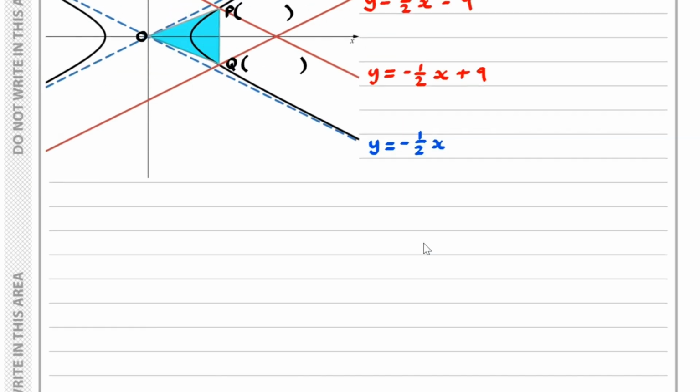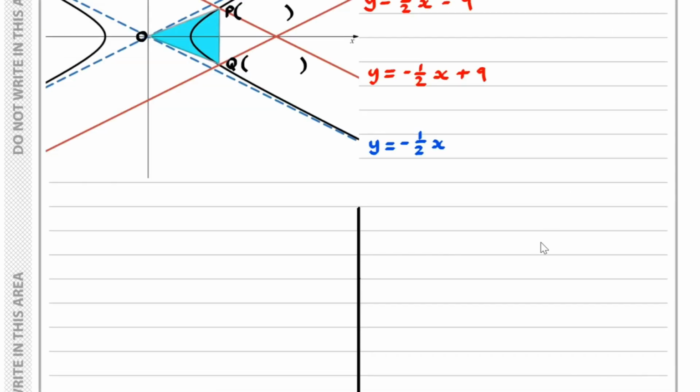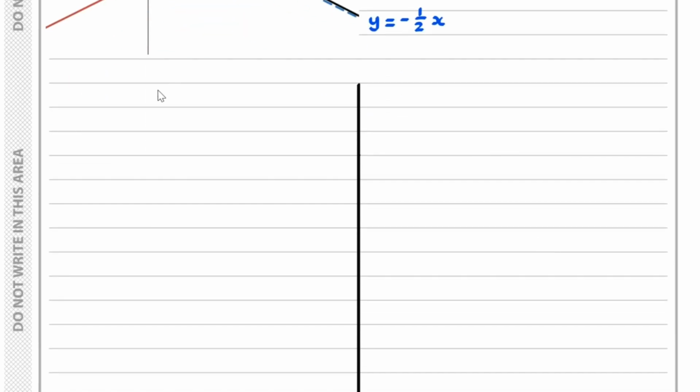The steps will be identical. So let's split our page down the middle. On this side we will substitute in 3 into 2, and on this side we will substitute in 4 into 2.